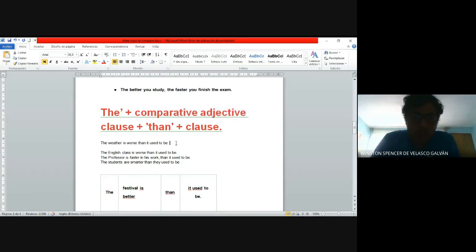Estoy utilizando un comparativo, jóvenes. El clima es peor de lo que solía ser o de lo que solía estar. ¿Vale? Tenemos que utilizar the y un comparativo. Aquí está mi comparativo. Worse. Y la palabra than. Y una cláusula. ¿Qué? De lo que solía ser. O como solía ser, dependiendo del tiempo que estén hablando.